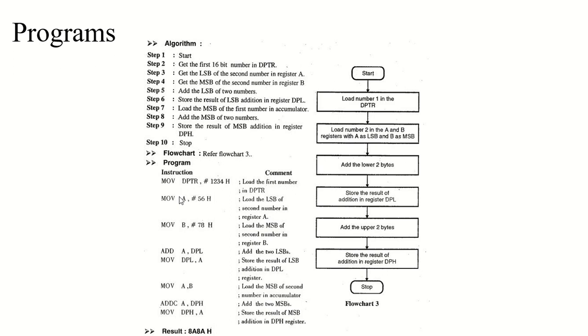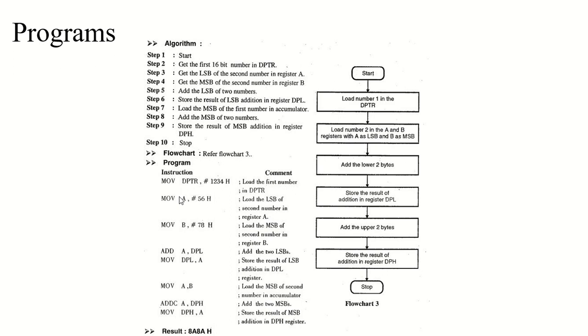Then we will add the two lower bytes and store the result of this addition in register DPL. Then we will add the two upper bytes and store the result of this addition in register DPH, and eventually we will stop.